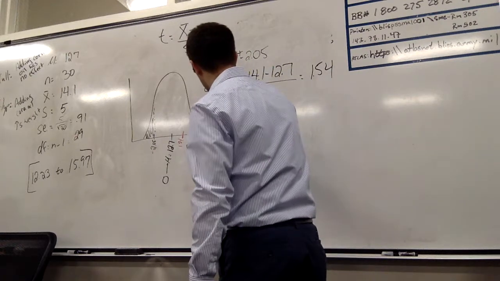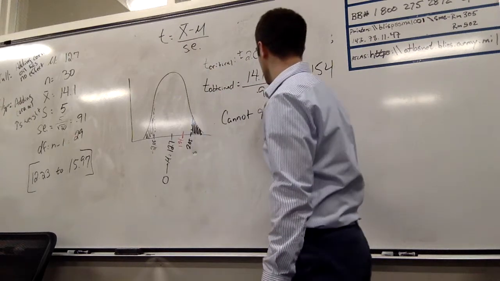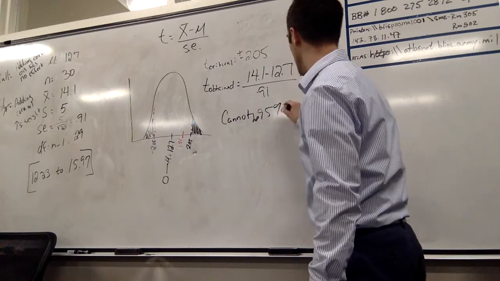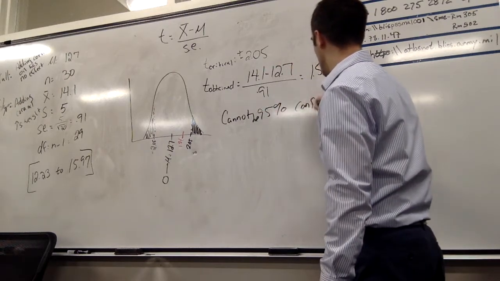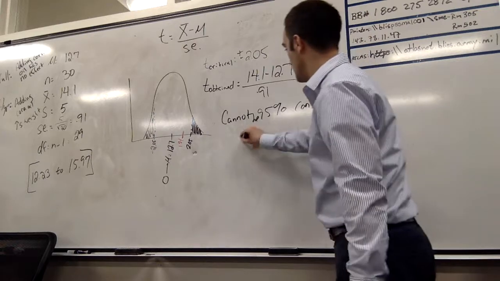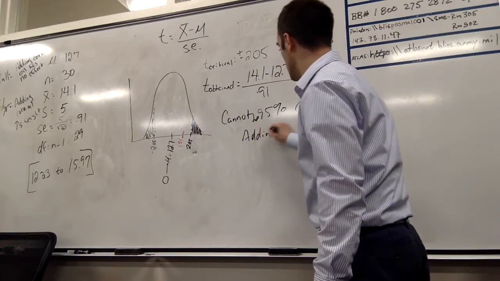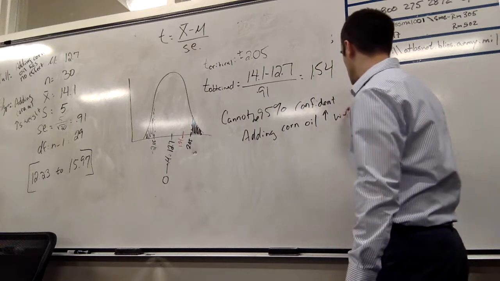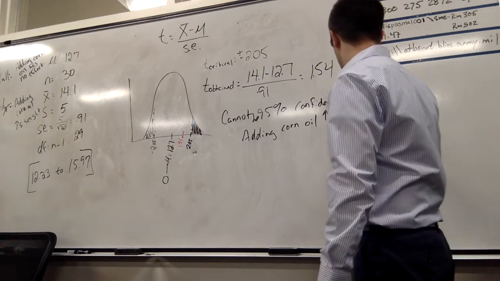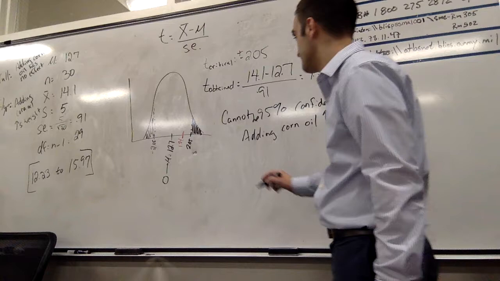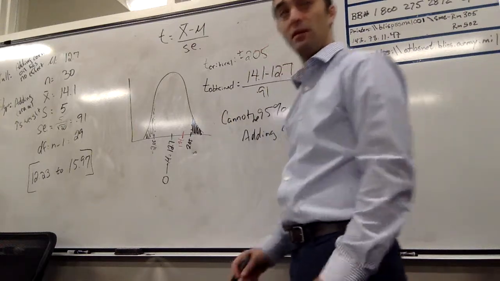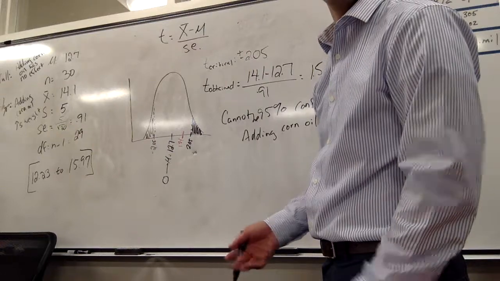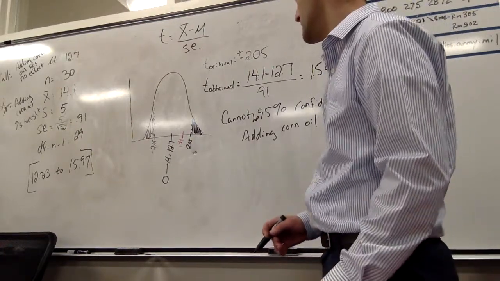So remember, our conclusion was something to the extent of cannot be 95% confident adding corn oil increases weight. We said we can't be 95% confident that that program of adding corn oil worked.